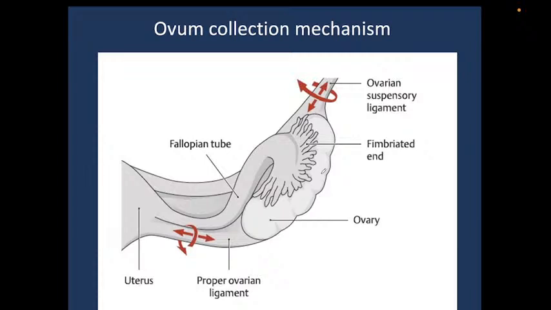A few hours before ovulation, sympathetic and parasympathetic nerves from the hypogastric plexus turn on this beating pattern, and the infundibulum touches the surface here.